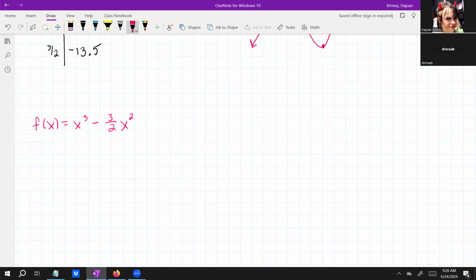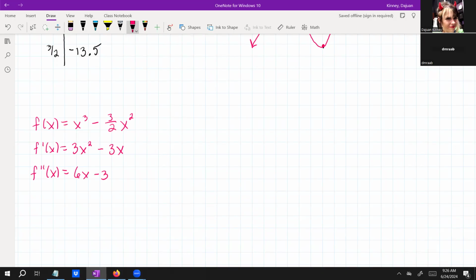All right, so x cubed minus 3 halves x squared. Find some derivatives. All right, first derivative, we get 3x squared minus 3x, because our 2's cancel. While I'm here, I'm going to find my second derivative, which gives me 6x minus 3.